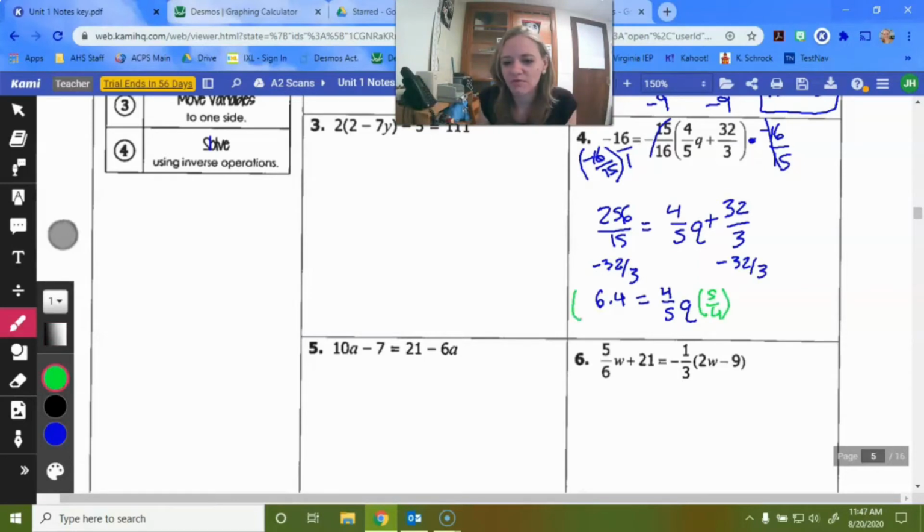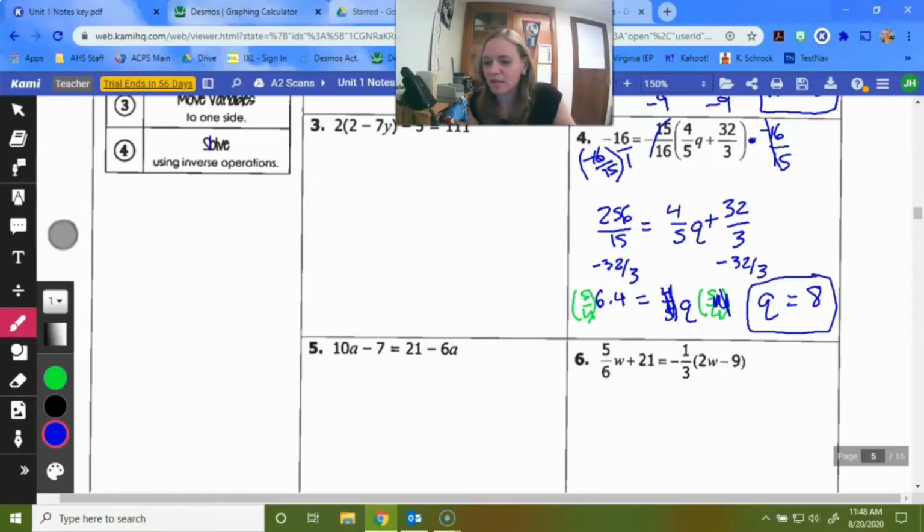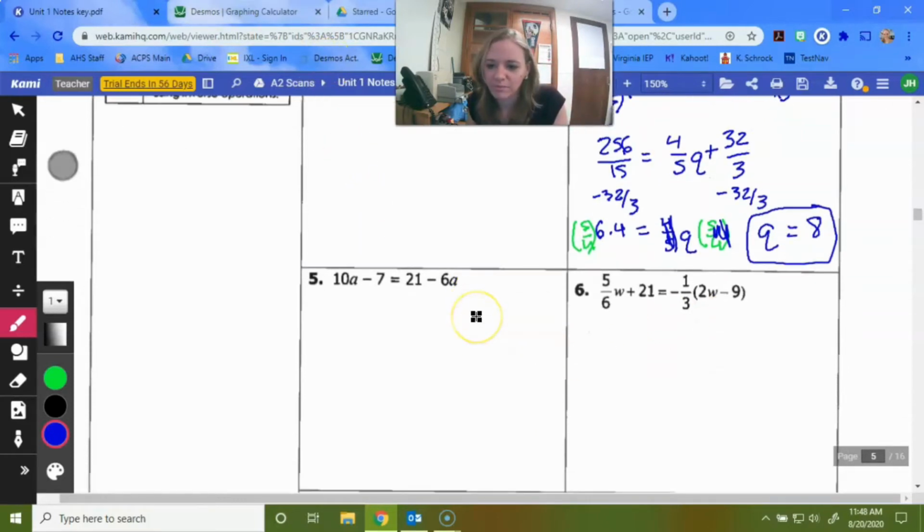Multiply this side by 5/4. And then when you multiply, of course, this side cancels, those go away, you're left with Q is equal to, and if you put 5/4 times 6.4 in the calculator, you get 8. 8 is the answer.